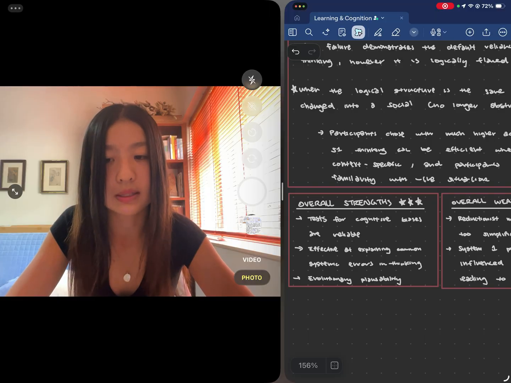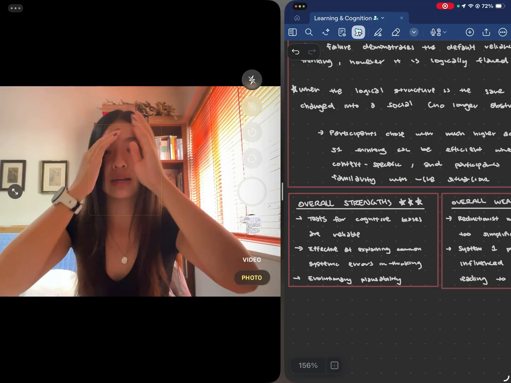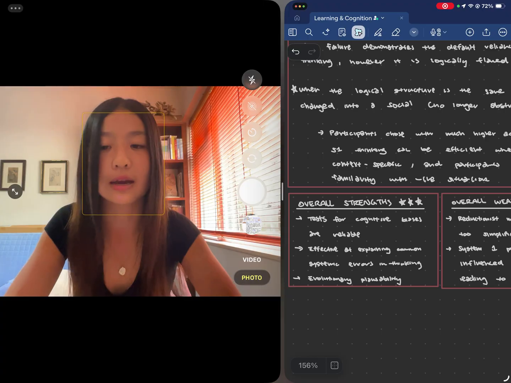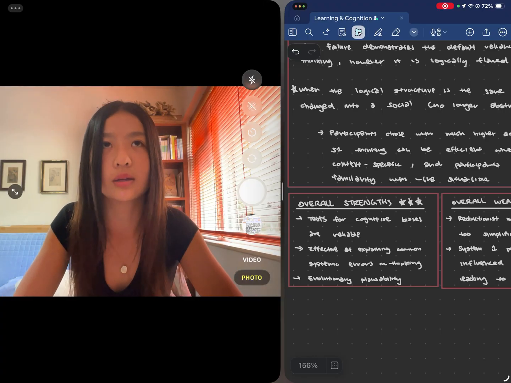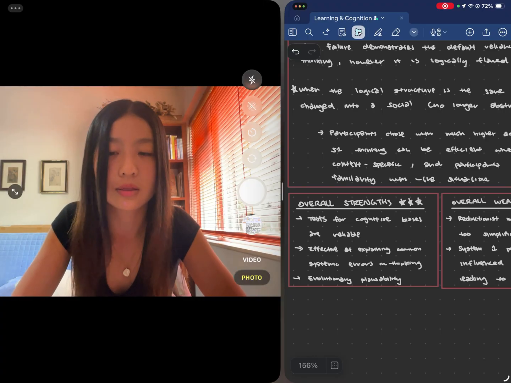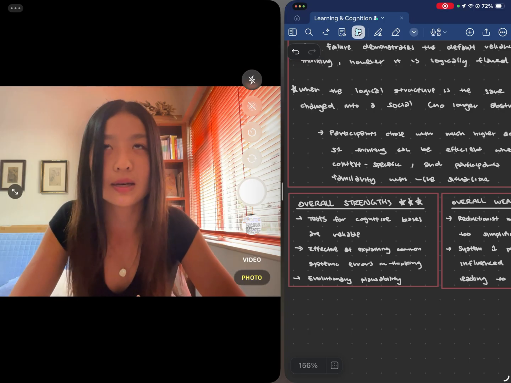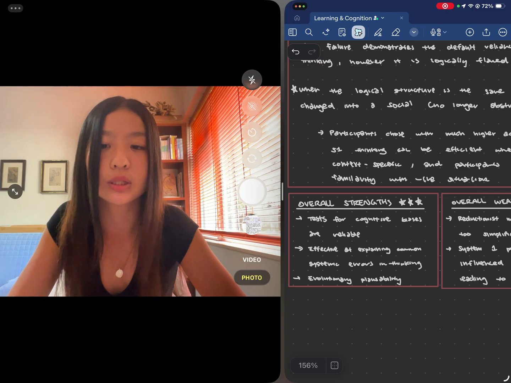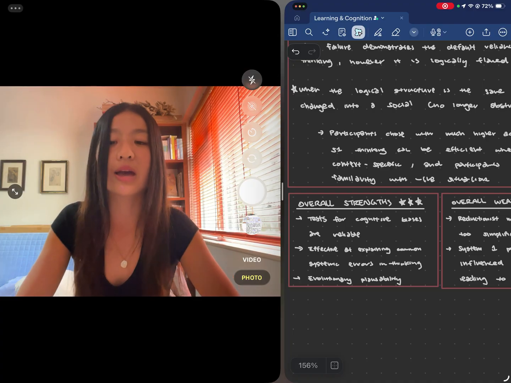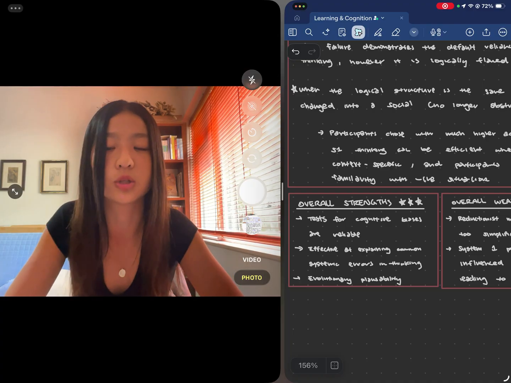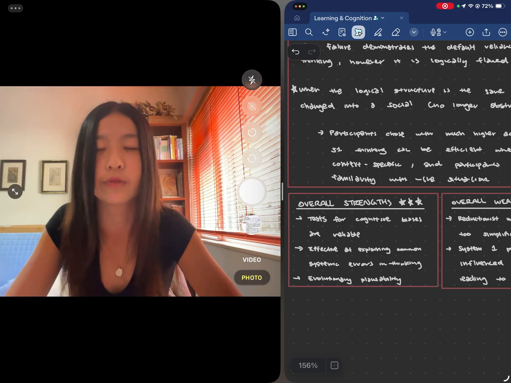But there are weaknesses, and the most obvious one is that it reduces cognitive thinking to just two systems, which is quite a reductionist approach to thinking about thinking in general, because certain context clues and situations can also influence the way a person is thinking.